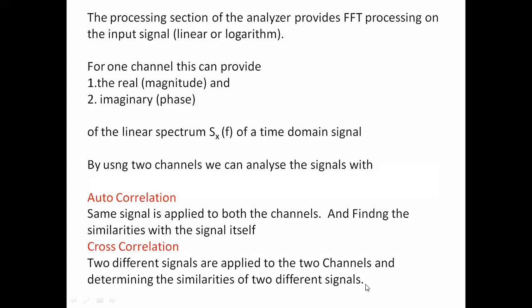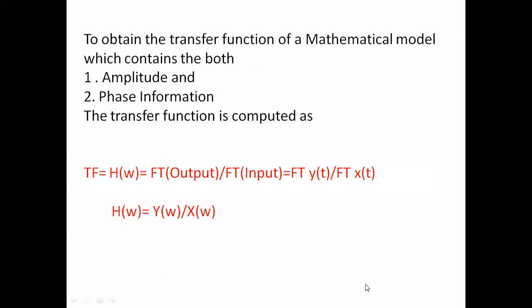In the output section, we will find the similarities between two input signals using cross correlation. And similarly, in a particular given mathematical model, we apply the input and we get the output. From output to input, we get the transfer function.